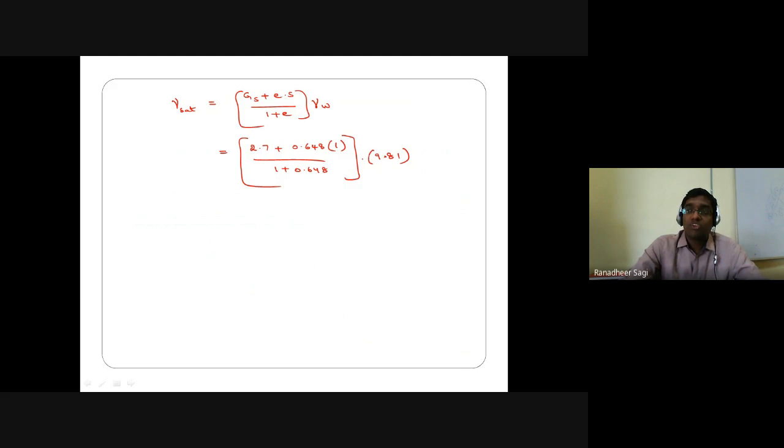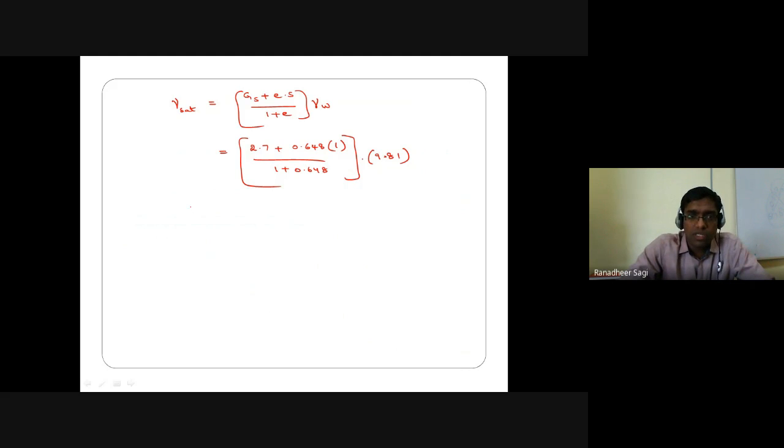If nothing is specified with regard to the unit weight of water in the problem, then you have to compulsorily consider the standard value, that is 9.81 kilonewton per meter cube. Sometimes in the problem you are given γ_w equal to 10 kilonewton per meter cube. You will be told to assume γ_w is equal to 10 kilonewton per meter cube. In such a case, you can consider γ_w equal to 10 kilonewton per meter cube. But otherwise, if nothing is specified, you have to take the standard value.